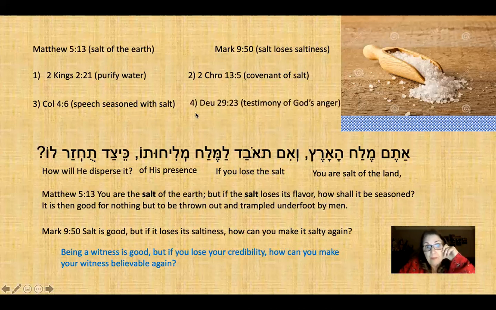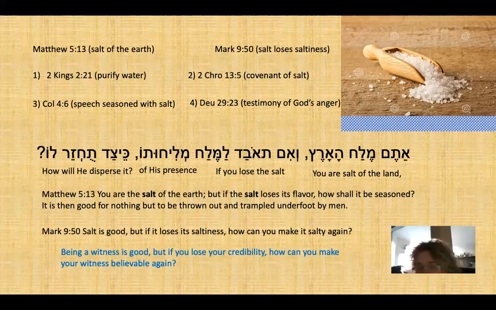So Deuteronomy 29:23 says, the whole land is devastated by sulfur and salt. It is a wasteland with nothing growing, like Sodom and Gomorrah, which the Lord destroyed by his intense anger. And so what did Lot's wife turn into? Turned into a pillar of salt, right?